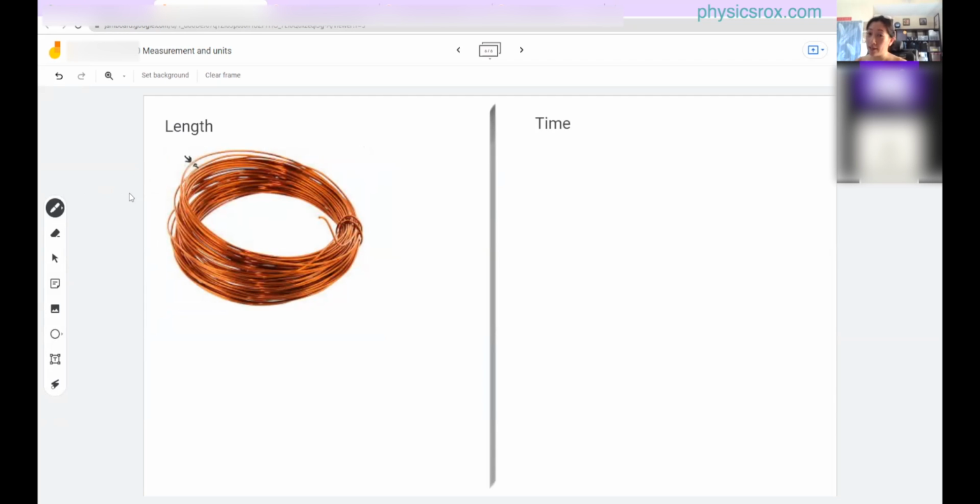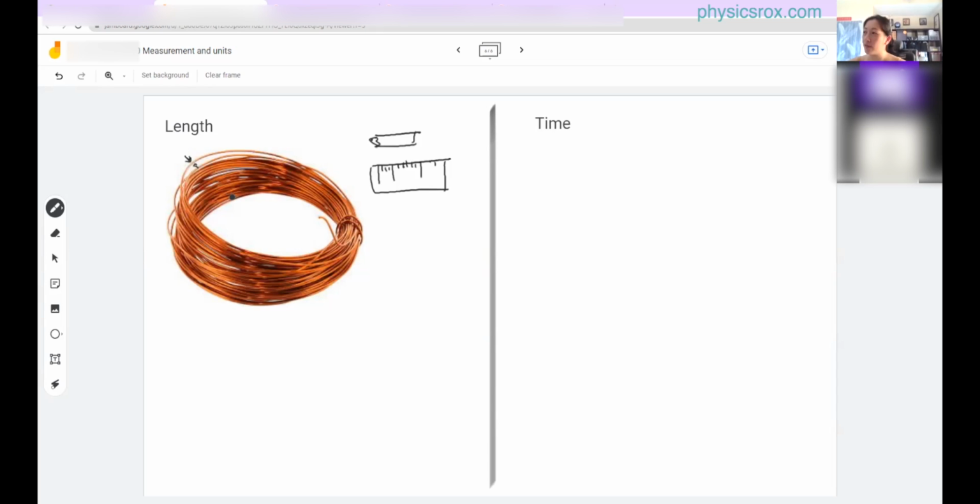But sometimes in exams, they ask you to use a ruler. So they actually give you a ruler, and maybe they give you a pencil, and they ask you to measure the diameter of a wire.